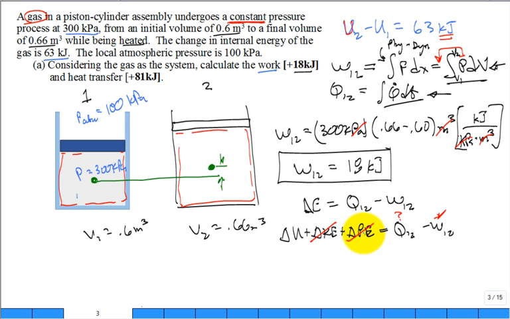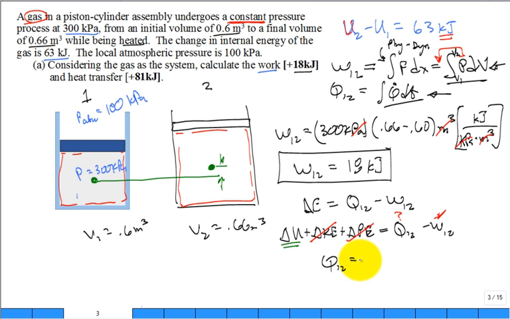So the kinetic and the potential energy are negligible, or there's no information to allow you to calculate it, so you leave it alone. And then this delta U, that was given to me in the problem statement, wasn't it? Up there? So what is the answer?